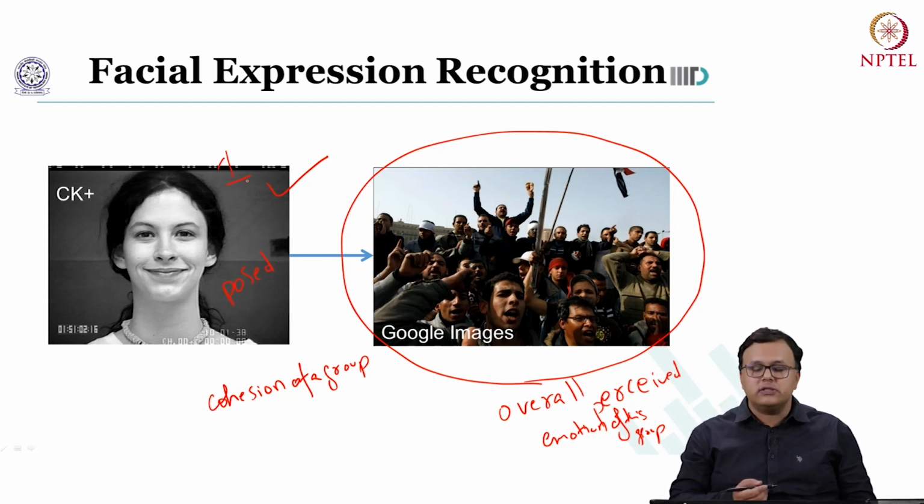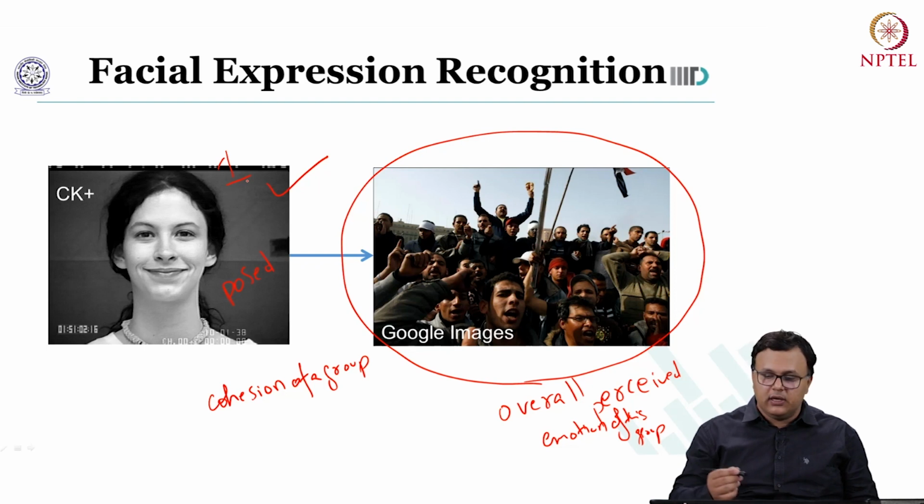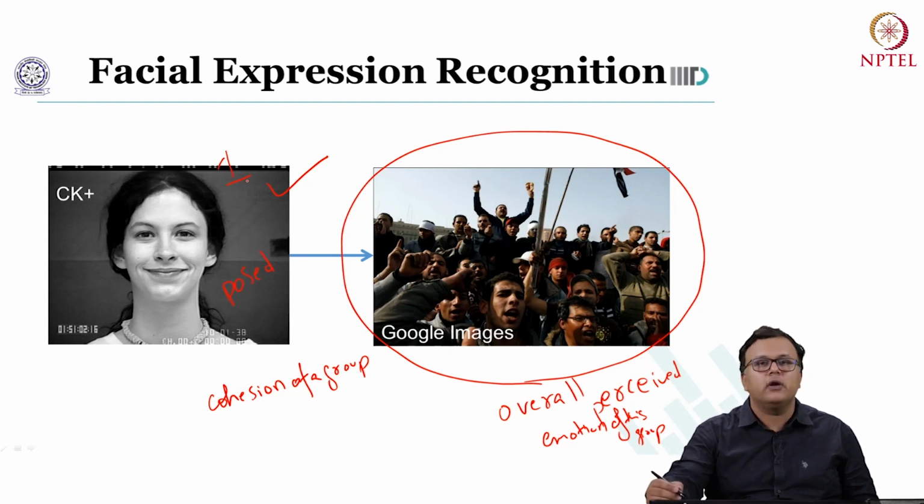Now, the question, of course, is how can we represent the emotion of a group, right? Similar to how we did for single subject based facial expression recognition, we can use the universal categories. So, that is your angry, sad, disgust, happy, neutral, and so forth.